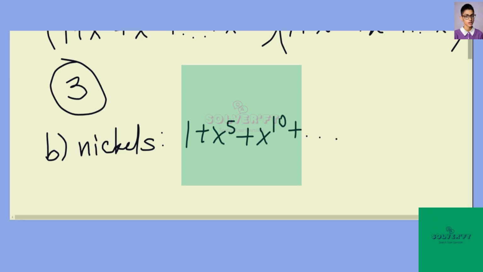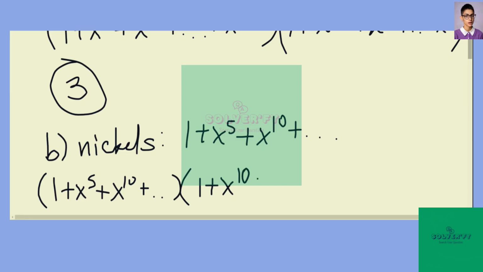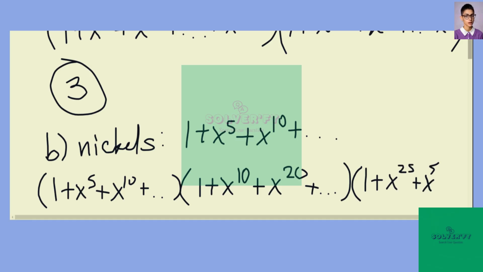And so the total generating function is now going to be the product of all three generating functions, 1 plus x to the 5th plus x to the 10th, and so on, times 1 plus x to the 10th plus x to the 20th, and so on, times 1 plus x to the 25th plus x to the 50th, and so on.